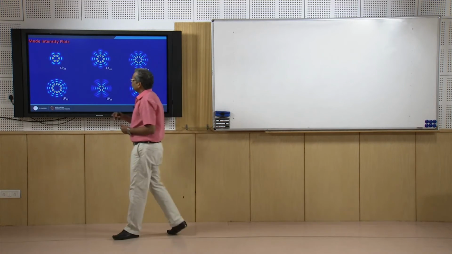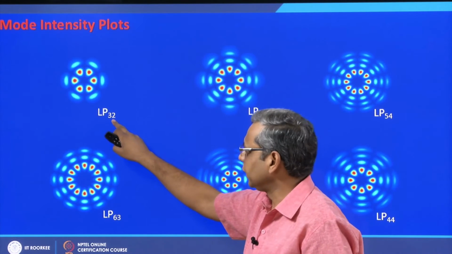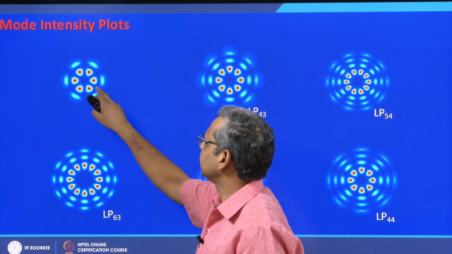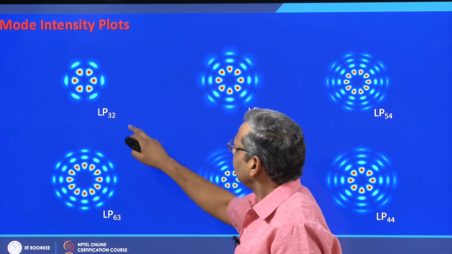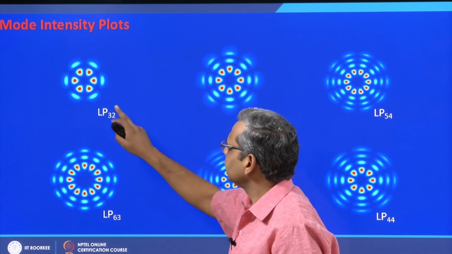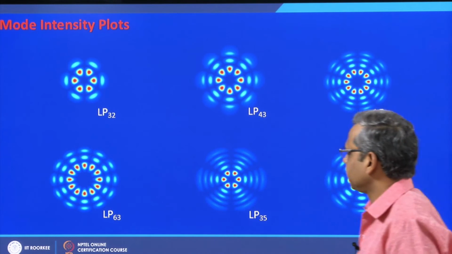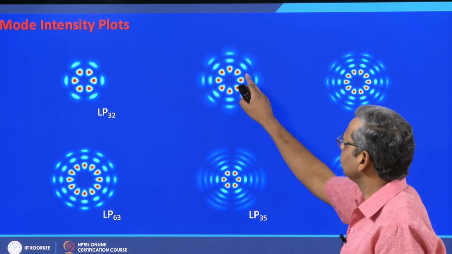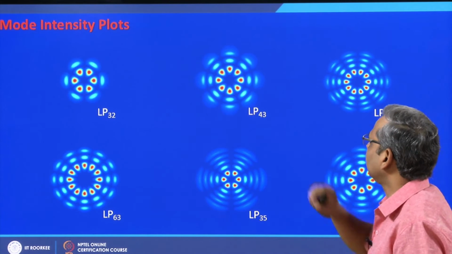This is the LP32 mode. The LP32 mode will have 6 zeros in the phi direction. So, I have 6 zeros, 1, 2, 3, 4, 5, 6, in the phi direction and 2 minus 1, that is 1 zero in the r direction except a 0 at r equal to 0. The LP43 mode will have 8 zeros in the phi direction and 2 zeros in the r direction.